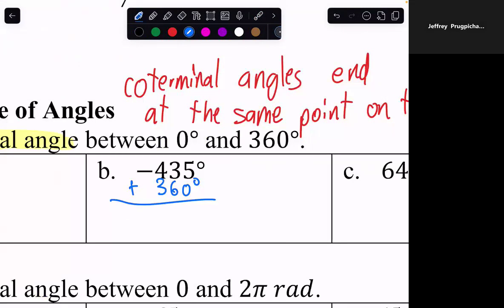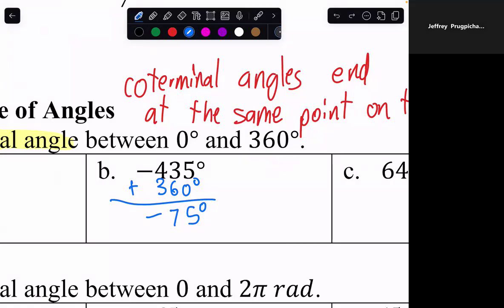When you add a positive and a negative, they cancel out, so you're actually subtracting. Make sure you keep track of the signs. The negative is bigger than the positive. So negative 75 degrees is coterminal with negative 435 degrees. However, it doesn't fit the requirement of being between 0 degrees and 360 degrees. So we can add another full circle.